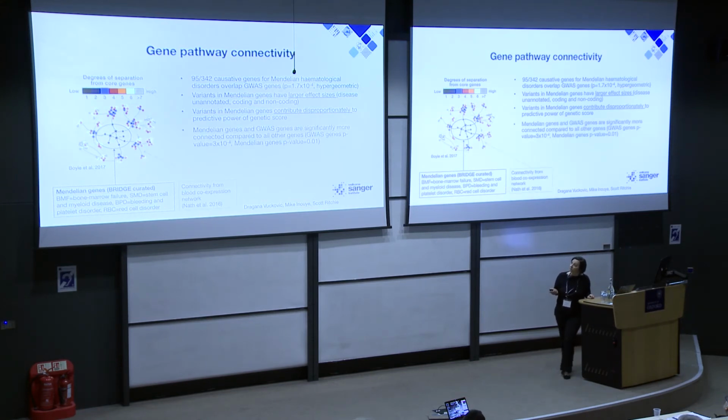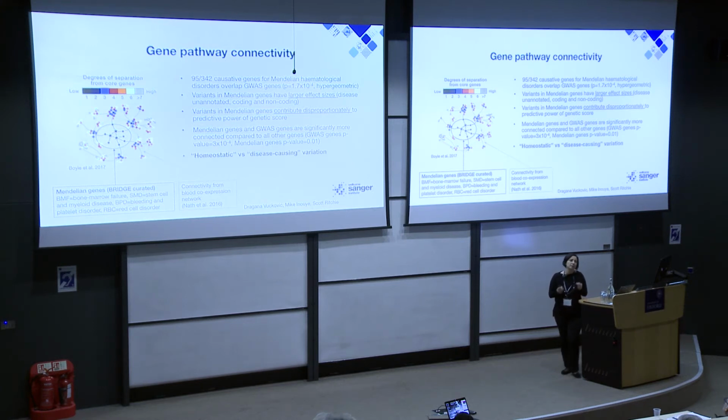variants of clinical interest. If you take the other genes, the ones that do not have a Mendelian disorder, and you annotate the connectivity from a blood co-expression network, these genes are significantly more likely to be interacting in a co-expression network compared to the Mendelian genes.